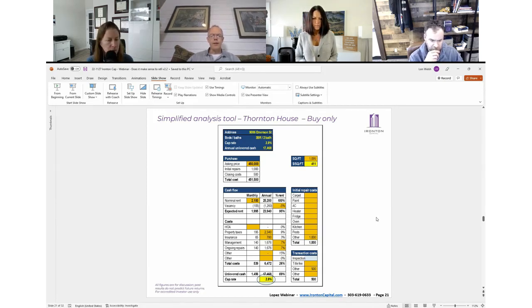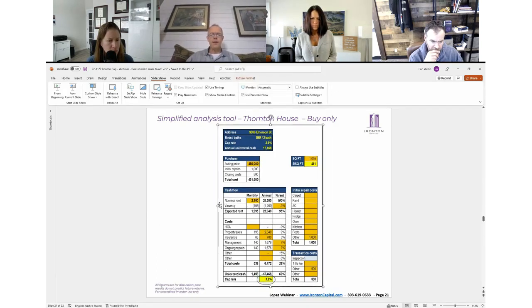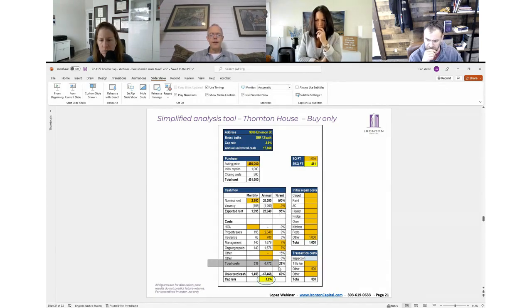Okay, so we've got rent of $2,100. Got a little bit of vacancy loss. So we're netting about $24,000 a year. It looks like our expenses are about $6,500. So our rent minus our expenses leaves us with about $17,500 left over.